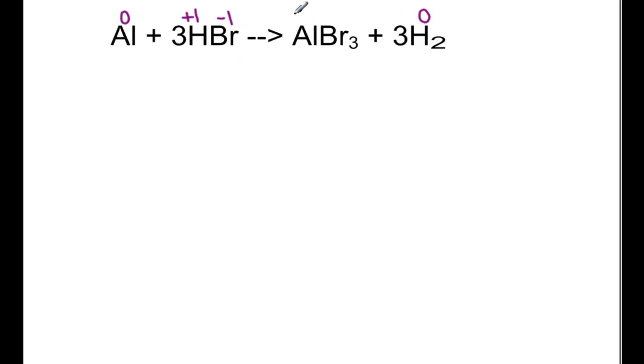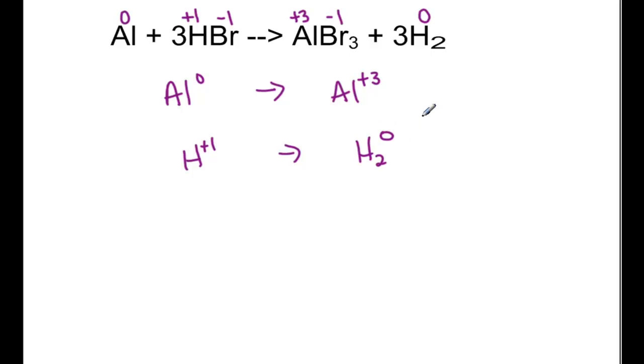Over here, aluminum, looking at the periodic table, is plus 3. Bromine is minus 1. So in this case, we have aluminum going from 0 to plus 3. And we have hydrogen going from plus 1 to 0.